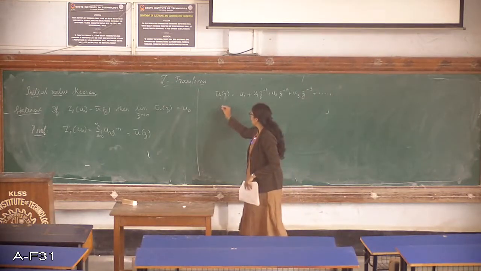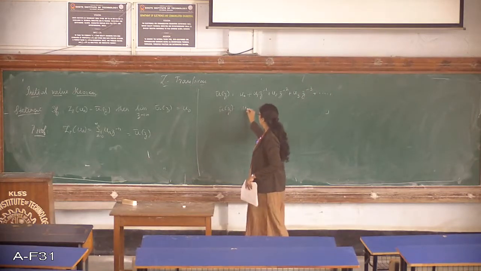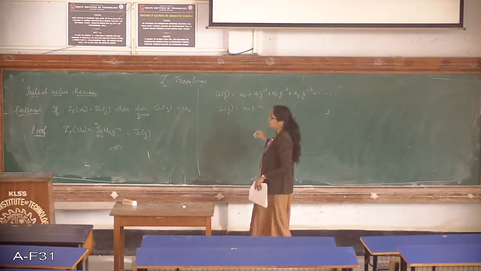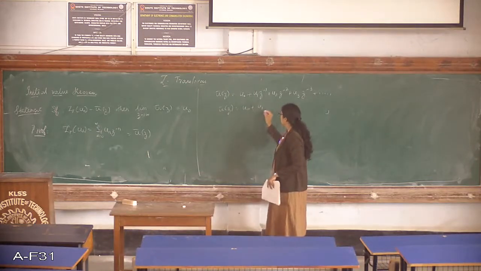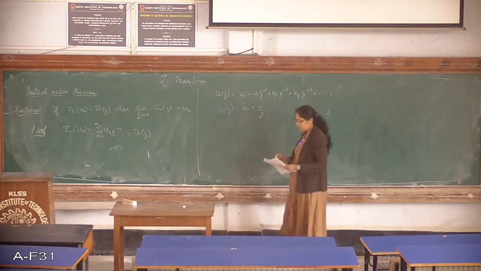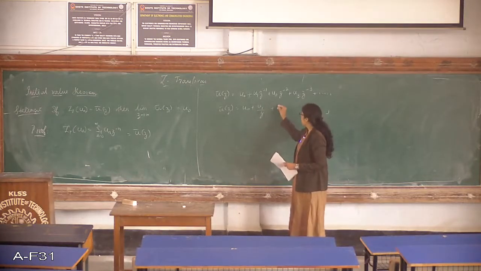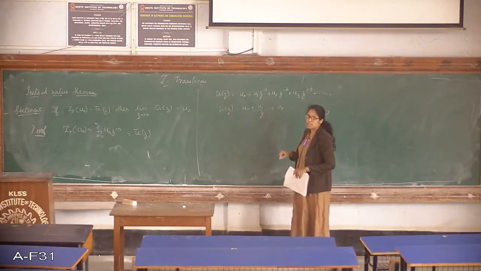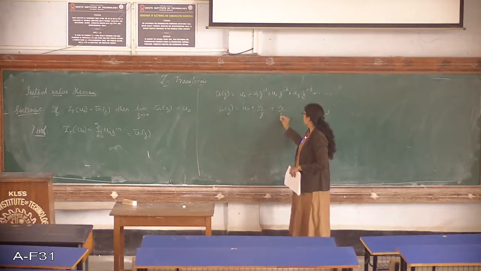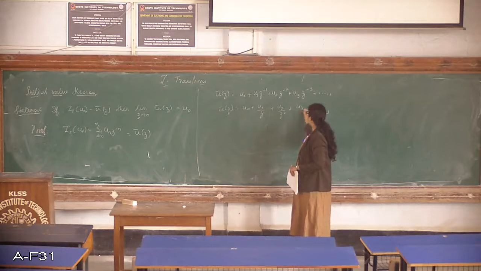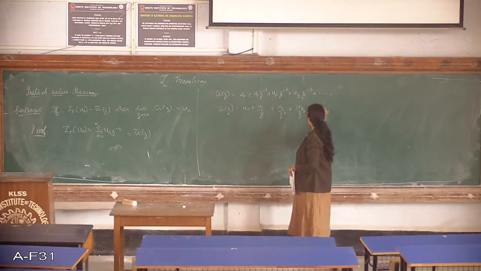Or U bar of z, I'll write it as u0 plus u1, z^-1 is nothing but 1 by z, so u1 by z, and u2 z^-2 is nothing but 1 by z square, so u2 by z square, plus u3 by z cube plus so on.